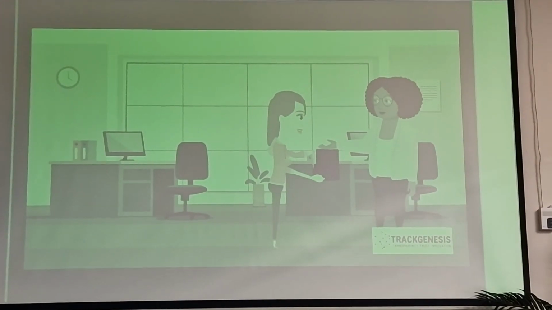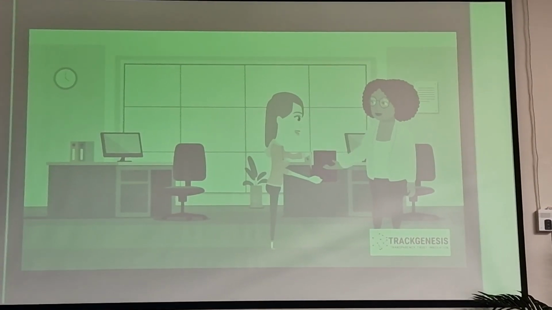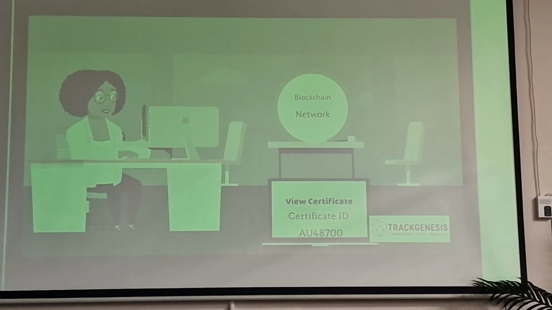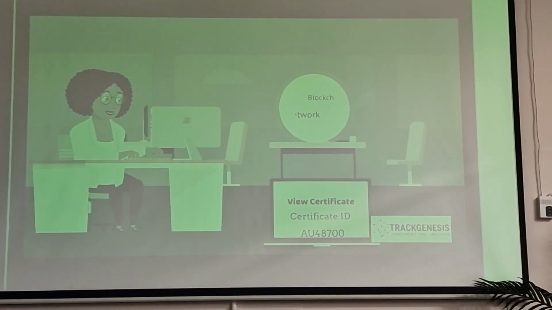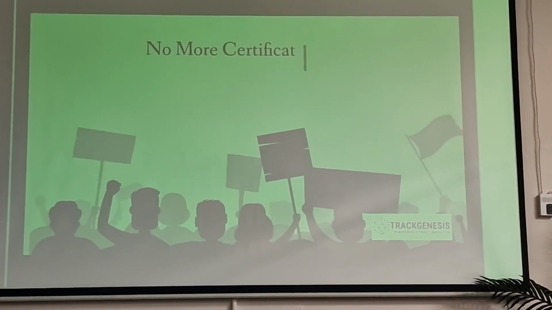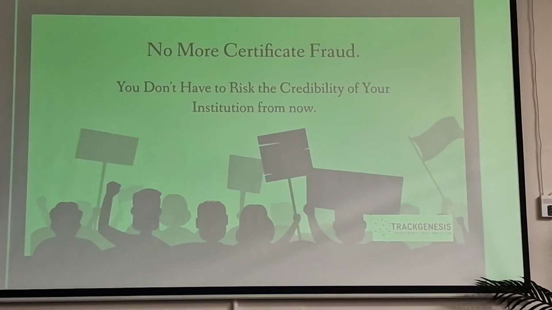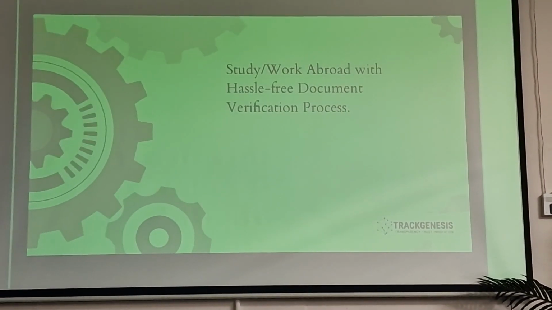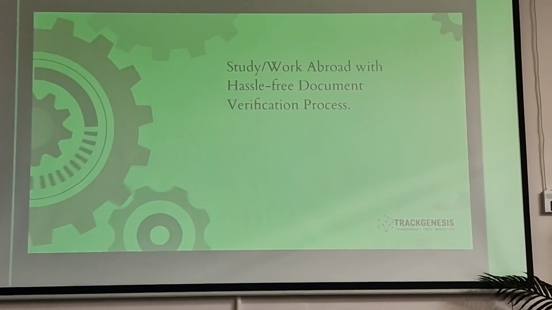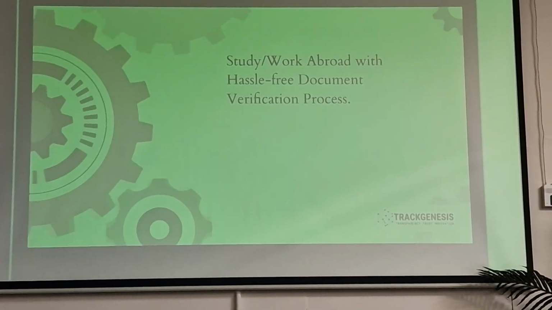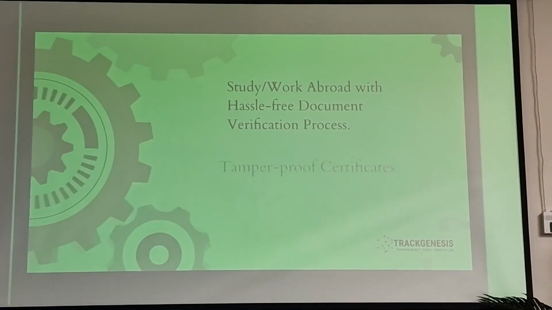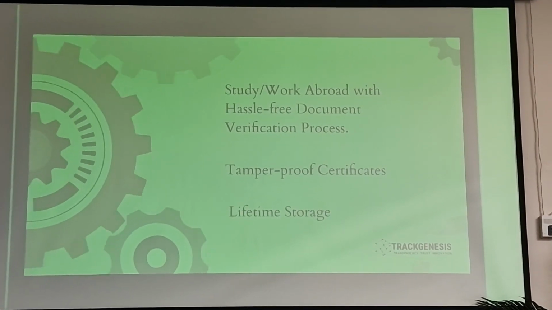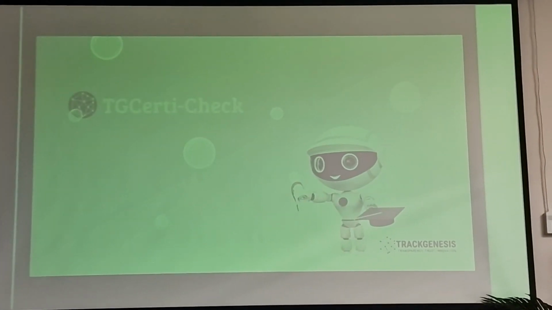On another day, when she submits her documents for verification to an employer or other institutions, the employer easily verifies the certificate in the blockchain network by entering the credentials. No more certificate fraud. You don't have to risk the credibility of your institution from now. Certificates in blockchain assure you. Study or work abroad with a hassle-free document verification process. Tamper-proof certificates. Lifetime storage.